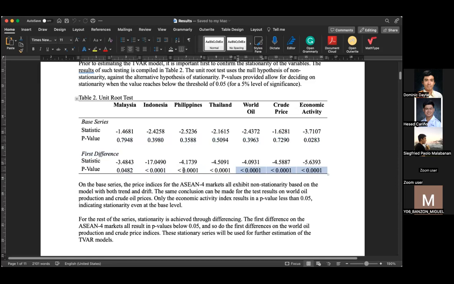And then kapag ginawa natin yung percentage change or yung first difference, you'll notice that they now all pass the stationarity test or the unit root test. So lahat sila stationary na. So ito yung gagamitin na ngayon natin na data, yung stationary na data. So for Malaysia, Indonesia, Philippines, Thailand, world oil and crude prices, we will be using their first differences. Pero kay economic activity, ang gagamitin natin si base series kasi hindi niya kinailangan i-transform, since right off the bat, nakita natin na stationary siya.